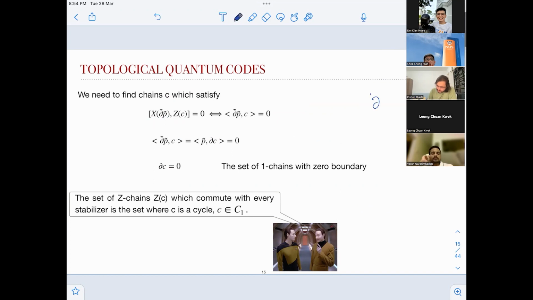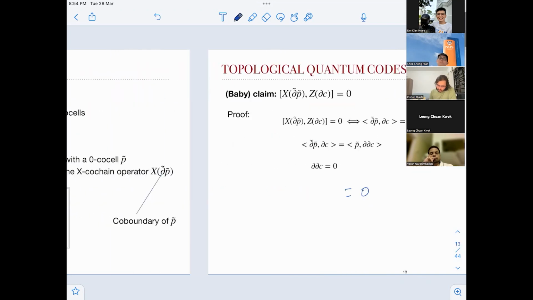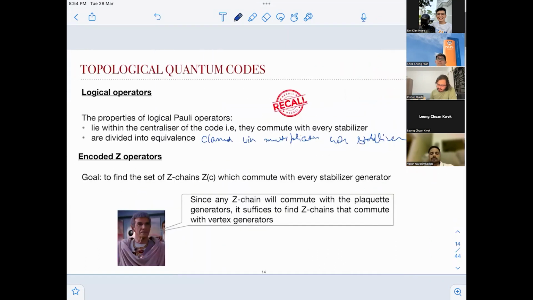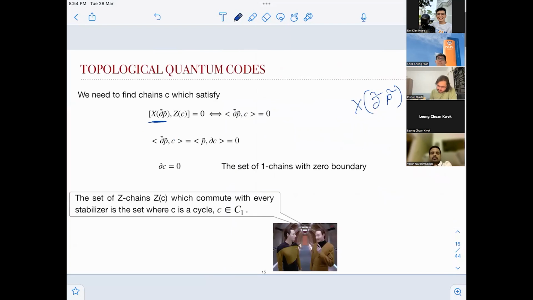The vertex generators are given by X co-chains, as we defined here. Corresponding to the co-cell P tilde, the co-boundary of P tilde gives us the vertex generator X delta tilde P tilde, which should commute with our Z chain ZC. But this is nothing but the inner product of delta tilde P tilde with C equal to 0.